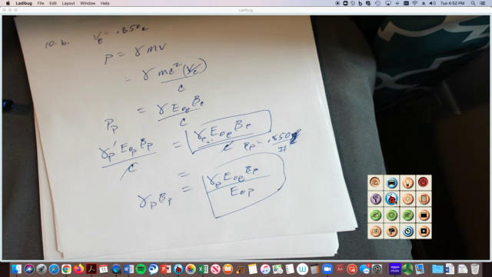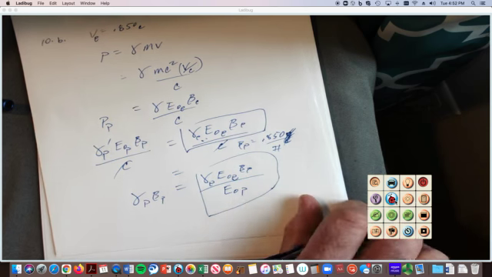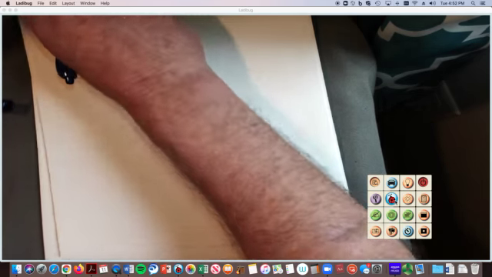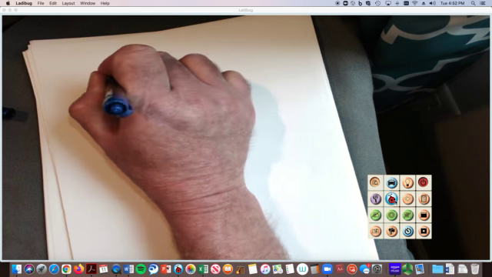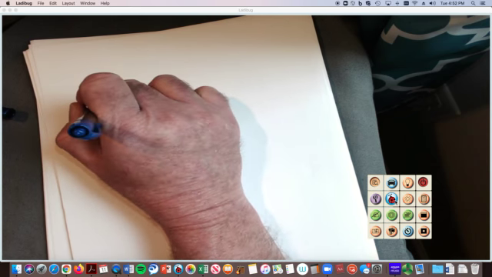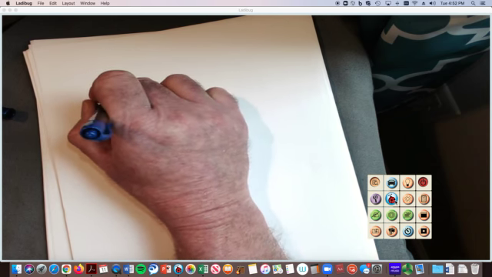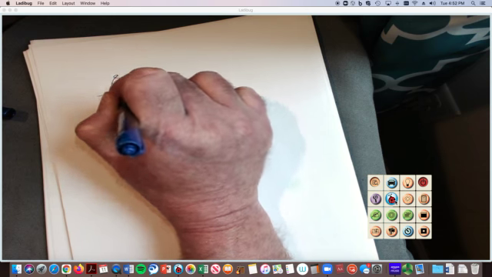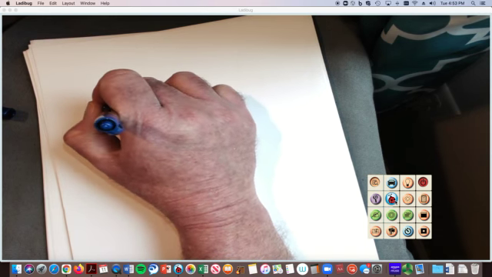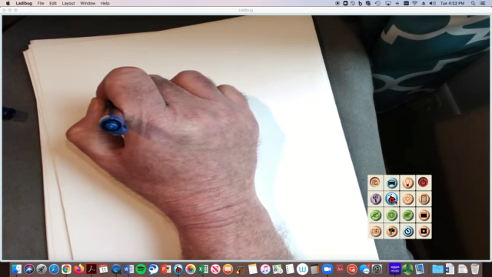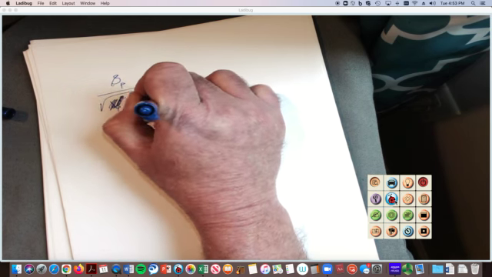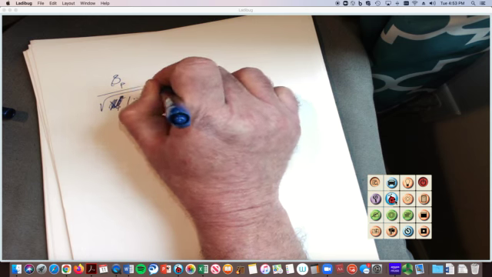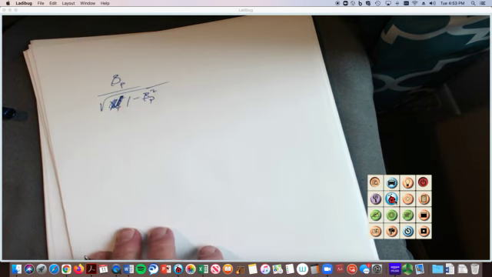Now then, let's go about solving this. Real quick, I'll give you a head start here. We've got to look at beta P over the square root of 1 minus beta P squared. That's what we're after. Sorry, I started to put the gamma function.